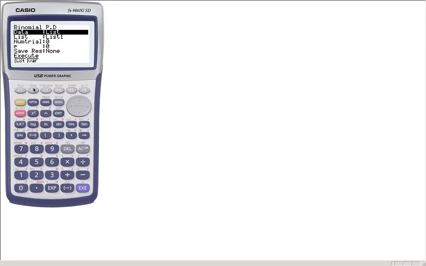So you need to choose variable, which is above F2. So press F2 and you will get this window. Here for x you need to enter 15, students, because we find P of x equal to 15. So execute. Number of trials is 240. Execute. P is 0.05.